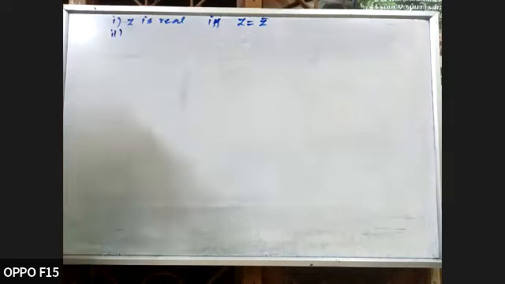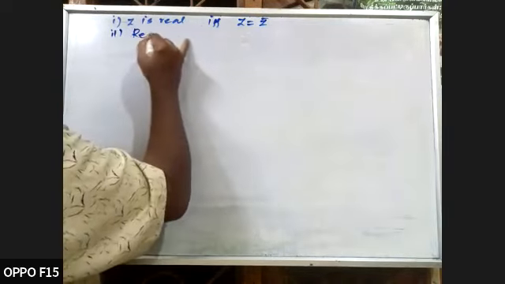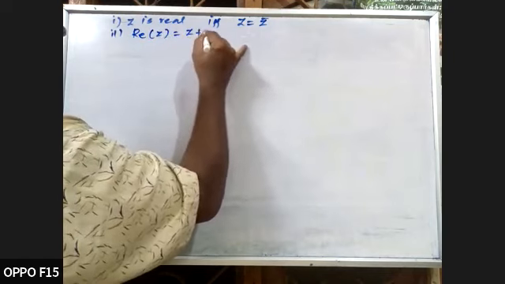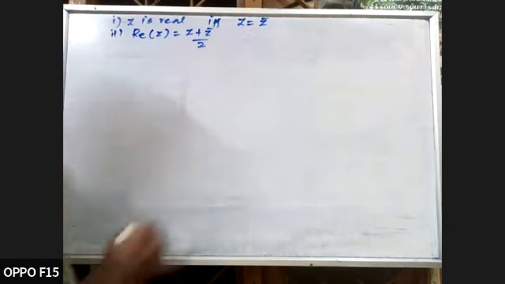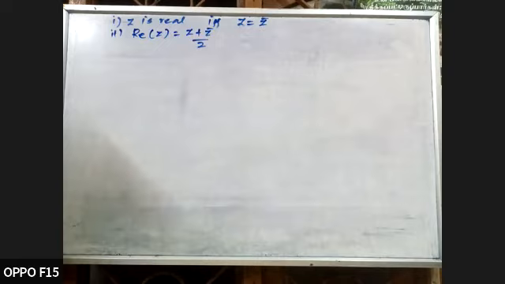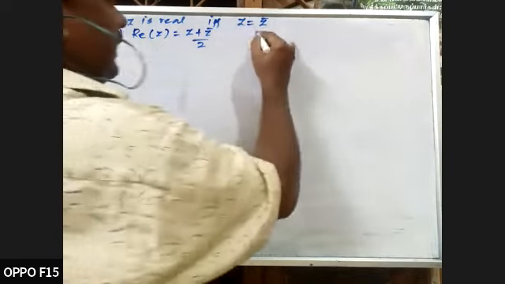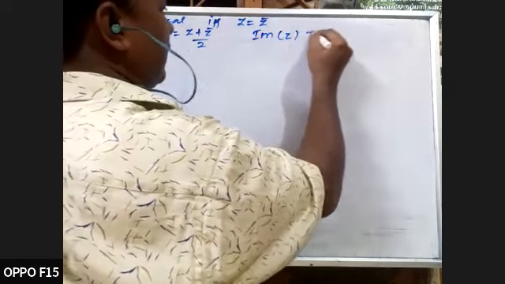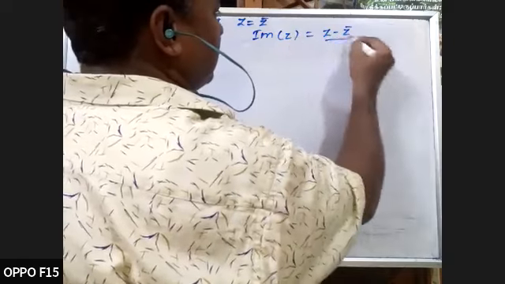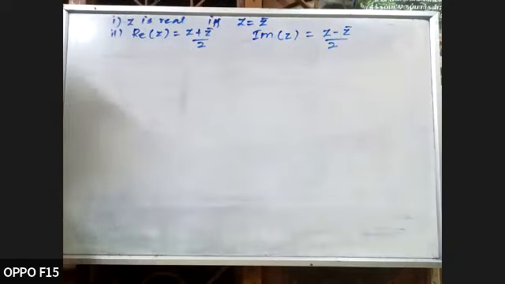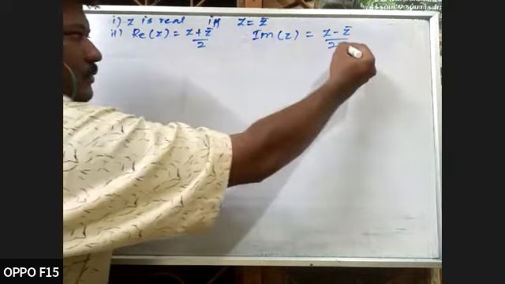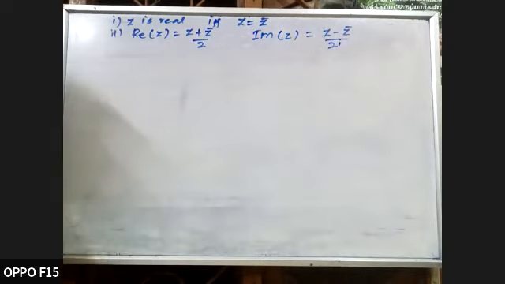And the second property, real part of Z is equal to Z plus Z conjugate by 2, and imaginary part of Z is equal to Z minus Z conjugate divided by 2i. Sir, divided by 2i, sir. Thank you. Divided by 2i.